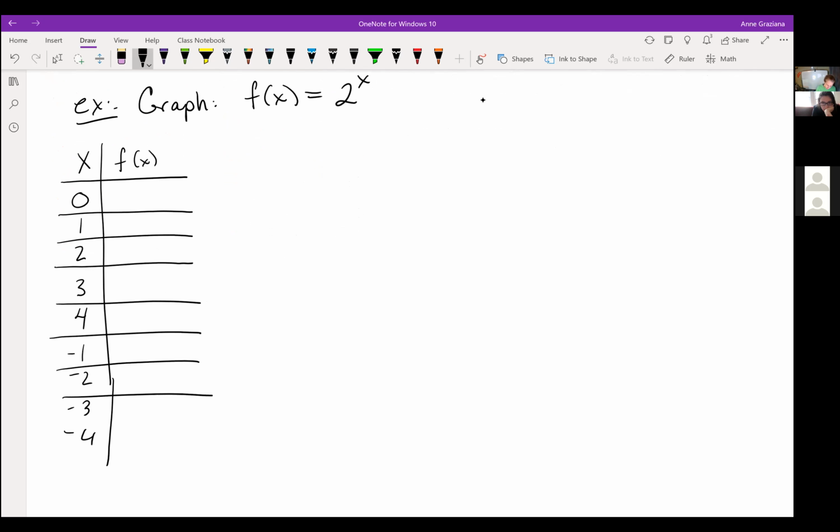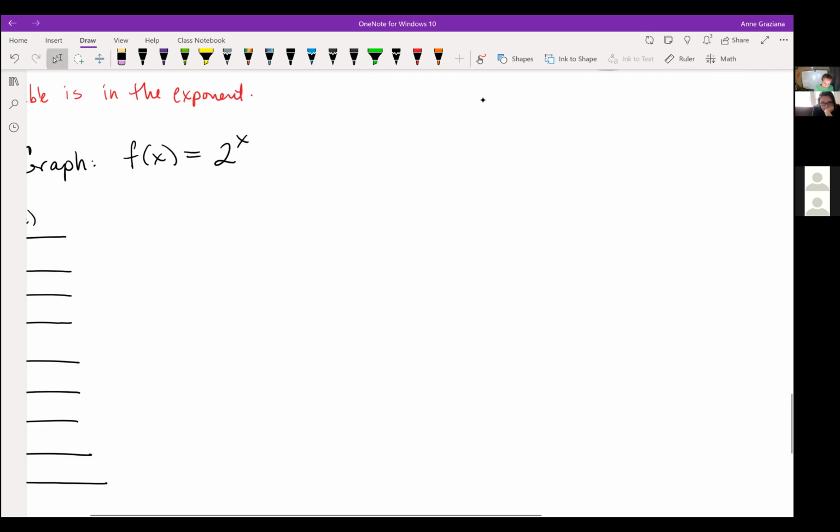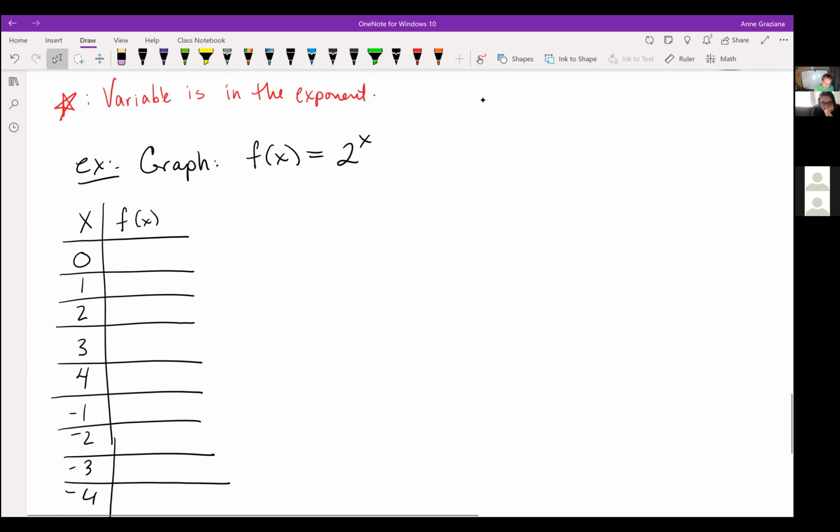Now, if you've had a good class before, either in high school, you had a good teacher, or you were just a really good math student, you might remember the shape of these graphs, but we're going to take our time here and graph out some points. All right. So if I plug in 0, f of 0 is 2 to the power of 0, which is just 1. So that's my first point, 0, 1.